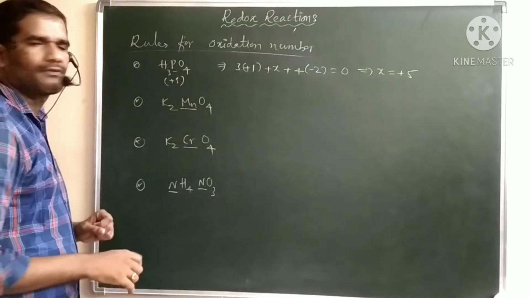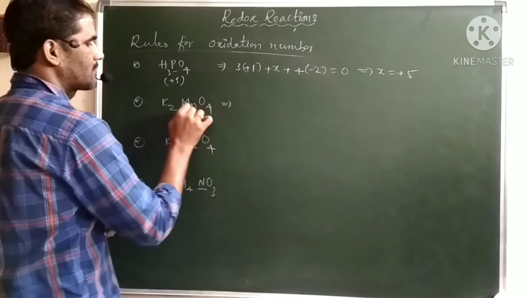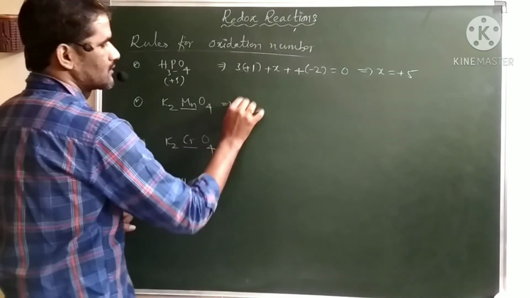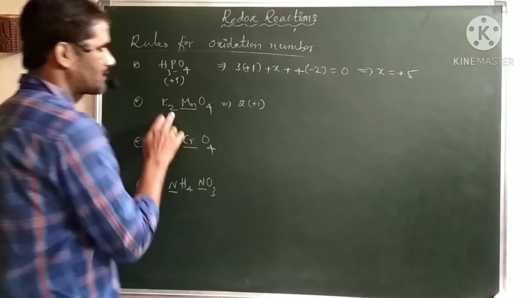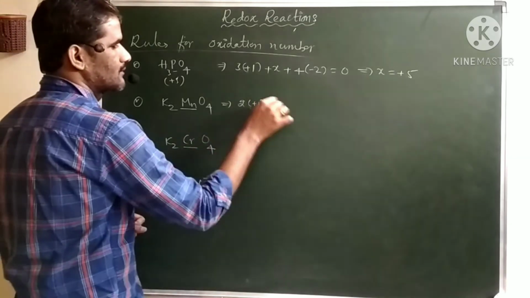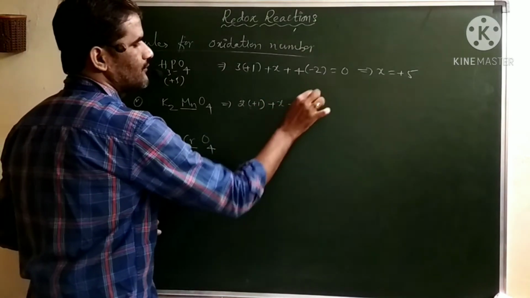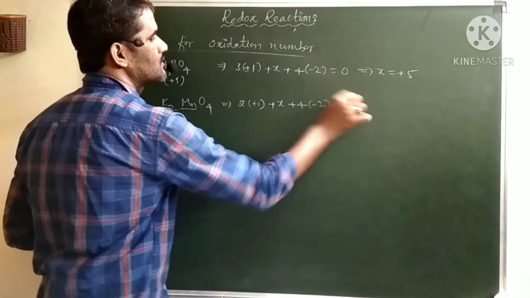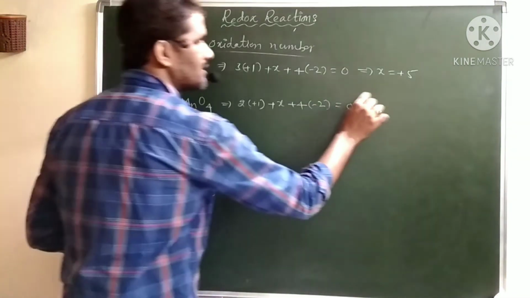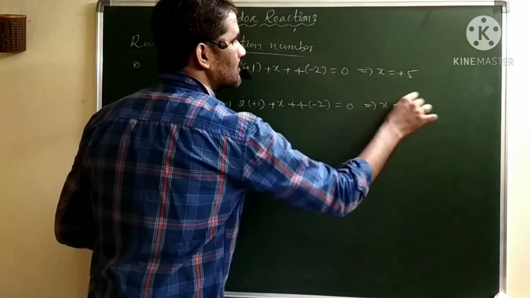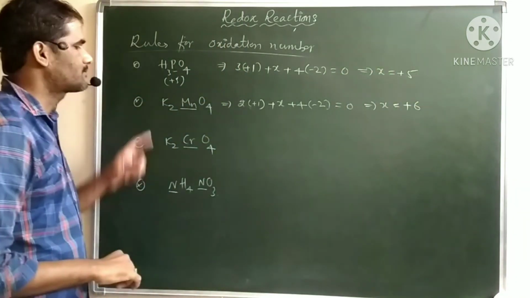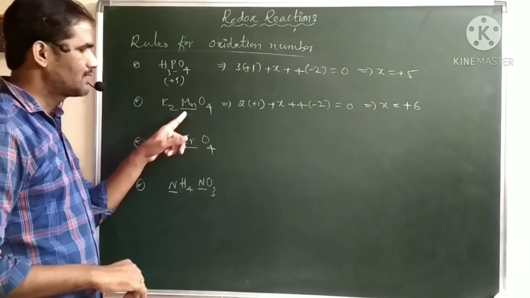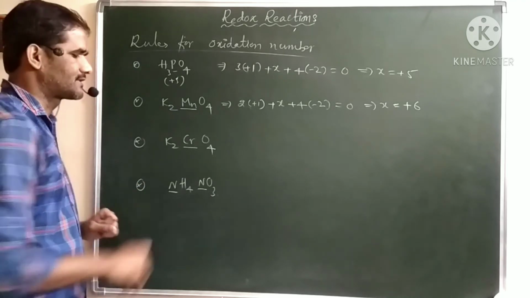Now in K2MnO4, potassium manganate, again manganese oxidation state, 2 into +1, why? Because potassium is +1, plus X, and 4 into -2 equals 0. From this, X equals +6. In case of potassium permanganate it is +7, here in potassium manganate it is +6.